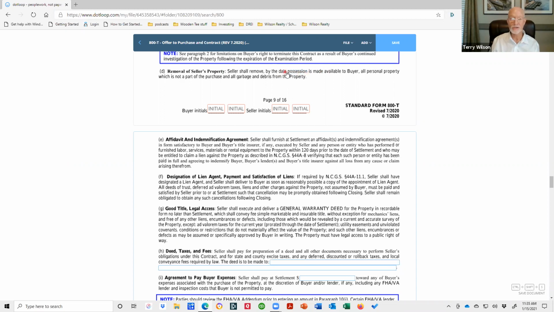Date of possession is not settlement. It's not closing. Date of possession is the day the buyer moves into the house. That's date of possession. So it's possible that there might be garbage and debris there after the date of closing. If the buyer has yet to possess the property, then the seller's not necessarily in breach, as long as they get it out of there before the buyer possesses the property.